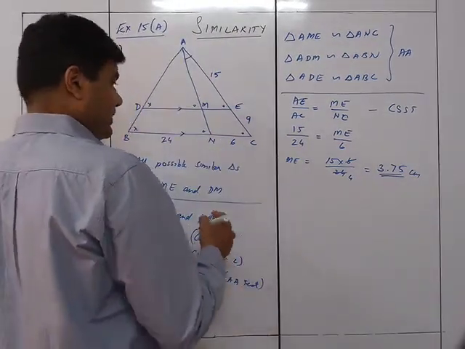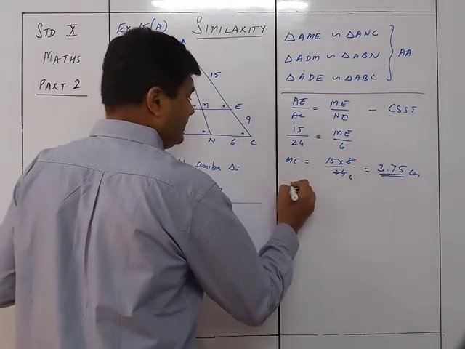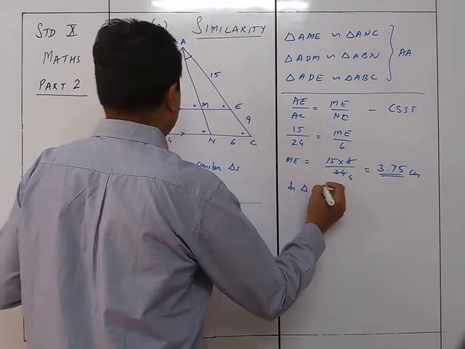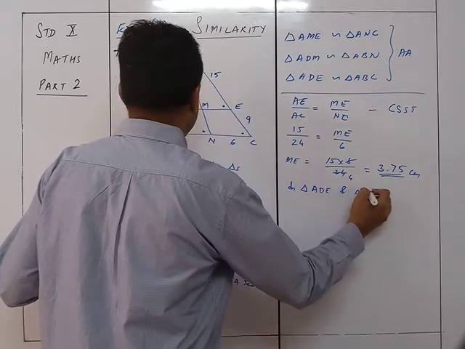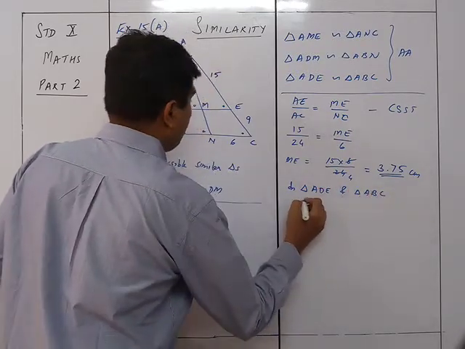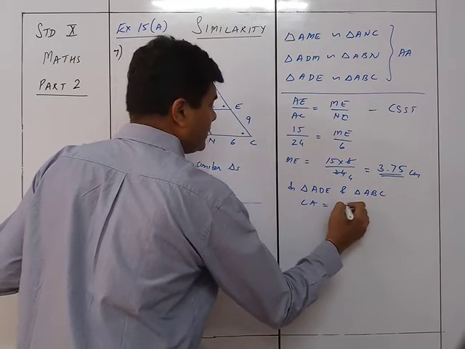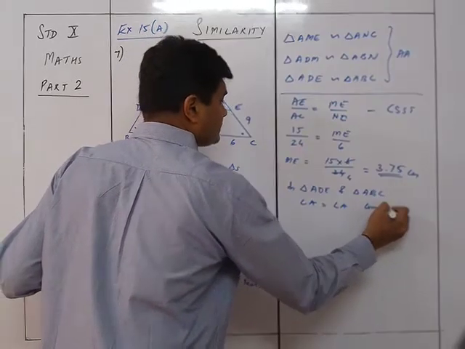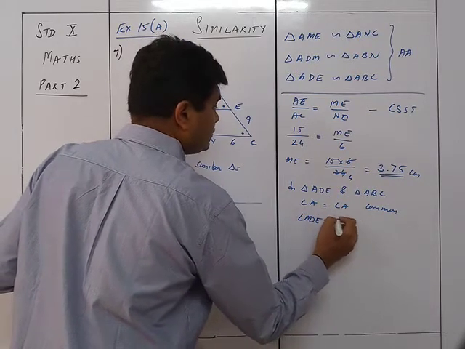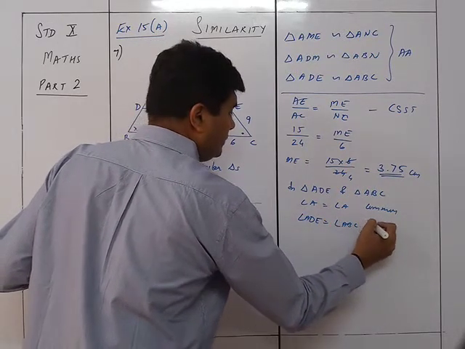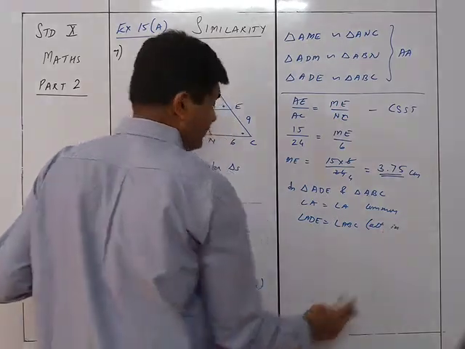The next thing will be, you are going to take triangle ADE and triangle ABC. Angle A is equal to angle A common, and angle ADE is equal to angle ABC, alternate interior. No, sorry, it is corresponding.